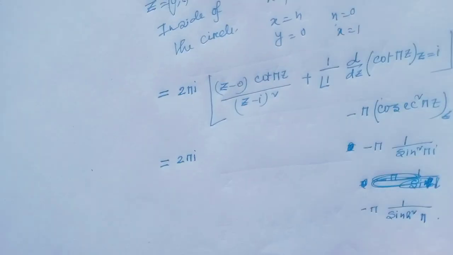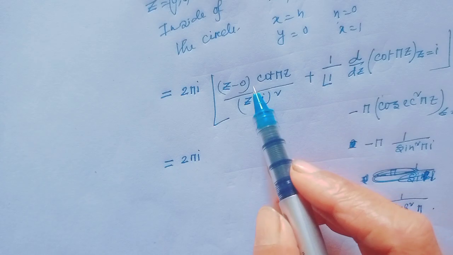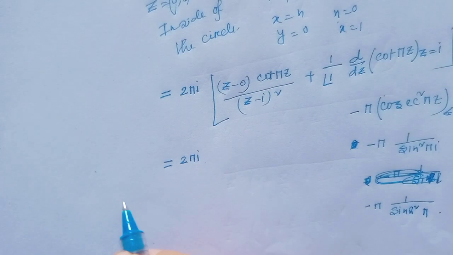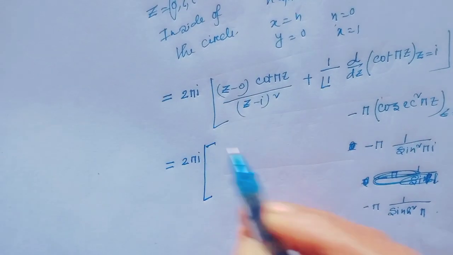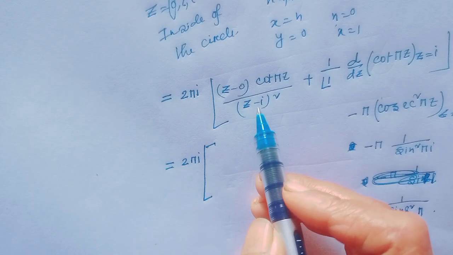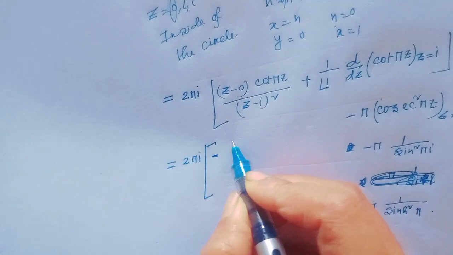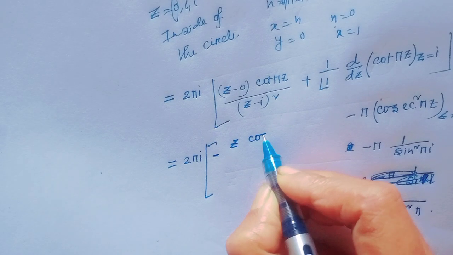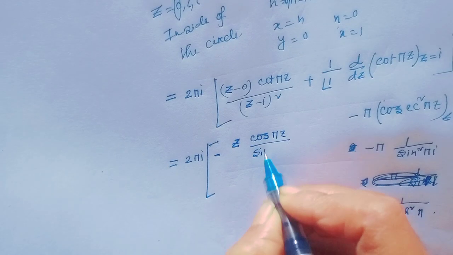Okay, and here this is the 0 over 0 form. If you put z equal to 0, then this value is minus i square, means minus 1. Then write this as z cos pi z over sin pi z.